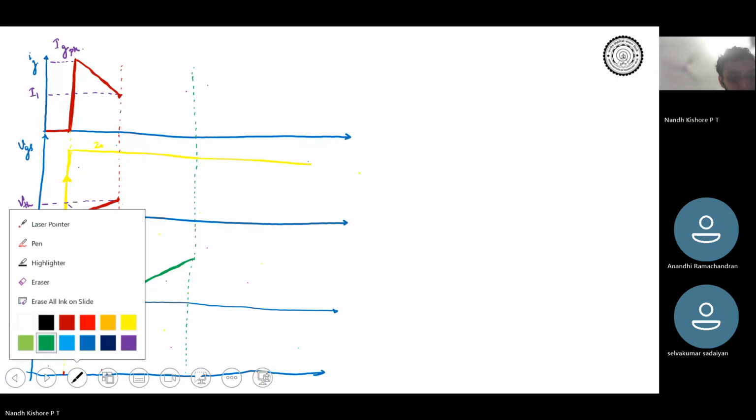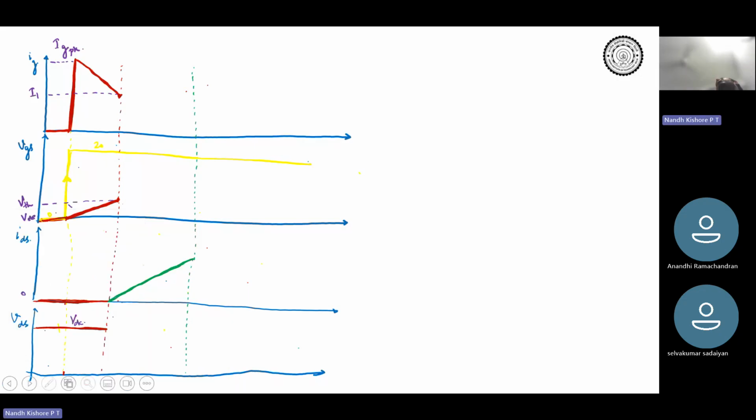We also saw that when the current is increasing, since the antiparallel diode is conducting, your VDS cannot change. The voltage across the device will not change during this entire interval, and your gate source voltage continues to increase linearly.